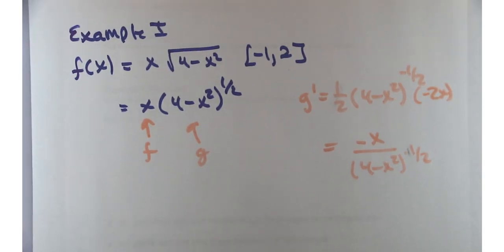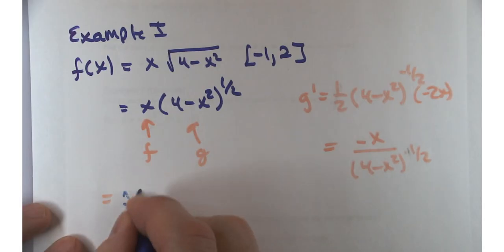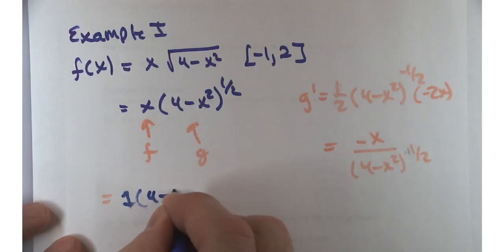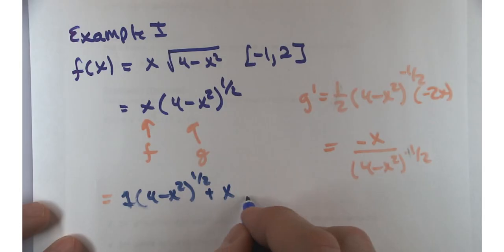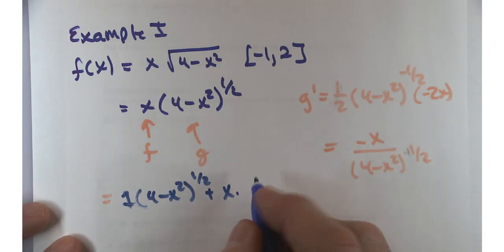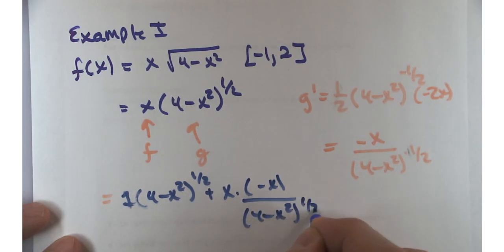Okay, let's put this together and see if we can come up with a derivative. So the derivative of f is just going to be 1 times 4 minus x squared to the 1/2 plus x times this, which is our g prime, minus x over 4 minus x squared to the positive 1/2.